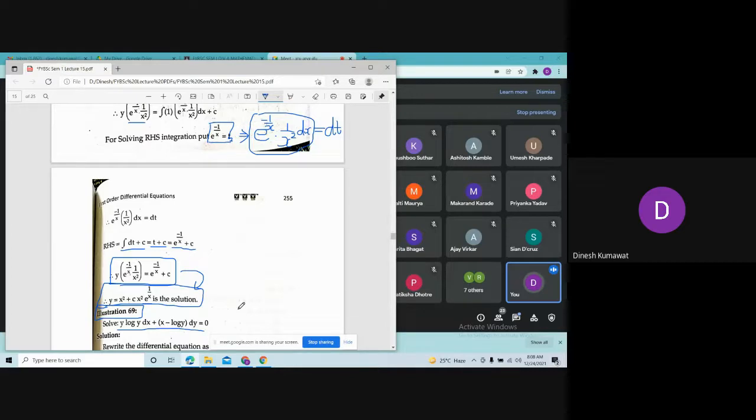If you want, you can apply exactness also over here. So the choice is yours. If you want to use linear, use linear; if you want to use exactness, you can do that too. You are getting the same answer in both cases. So convert this in terms of dy by dx or dx by dy and tell me, is it linear in which variable?